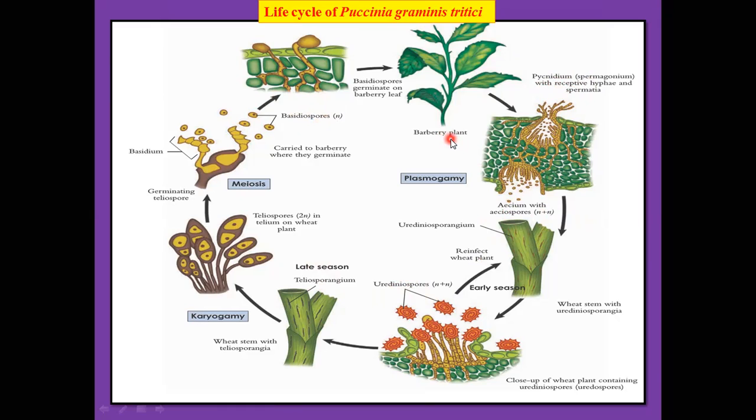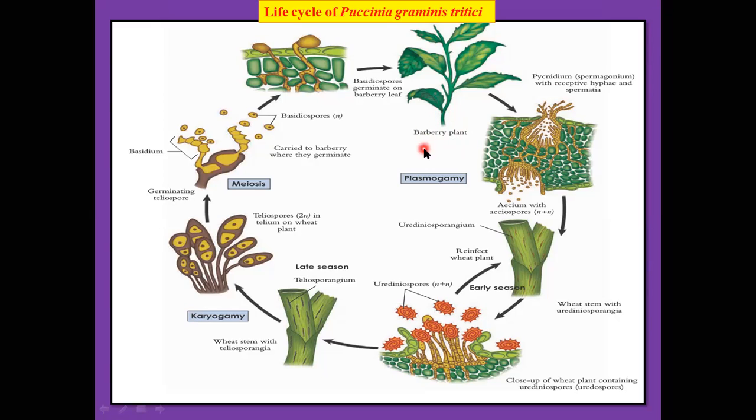Barberry plant, this is the alternate host. Means in the absence of the main wheat crop, the pycnospores or spermogonia spores and aeciospores, these 2 spores are generally produced on the barberry plant. Okay, means after harvest of the wheat crop, the basidiospores generally land on the alternate host, means on the barberry plants.